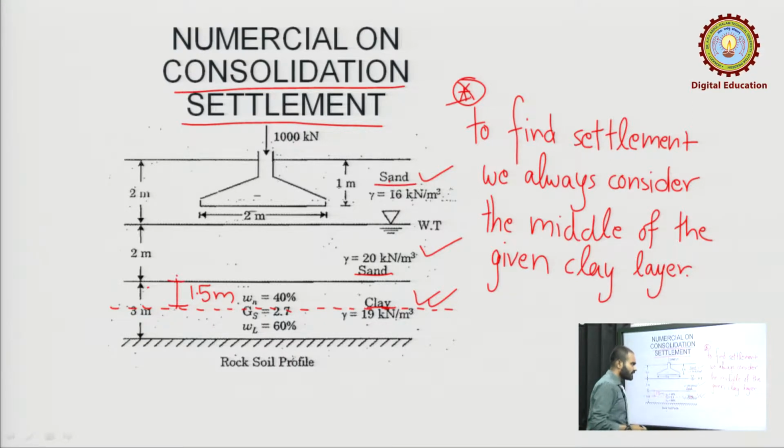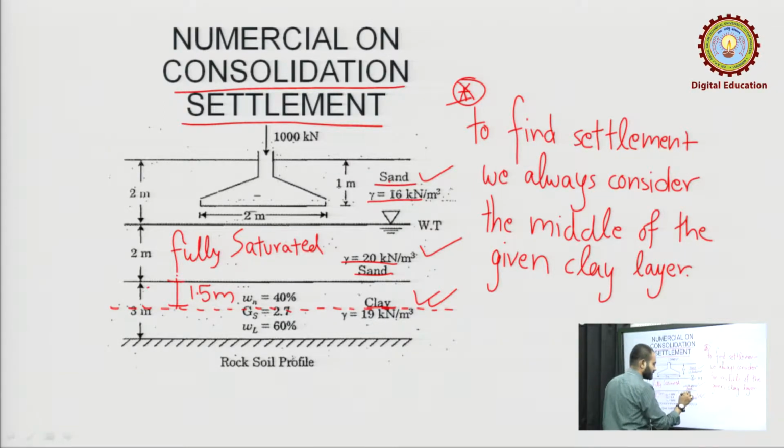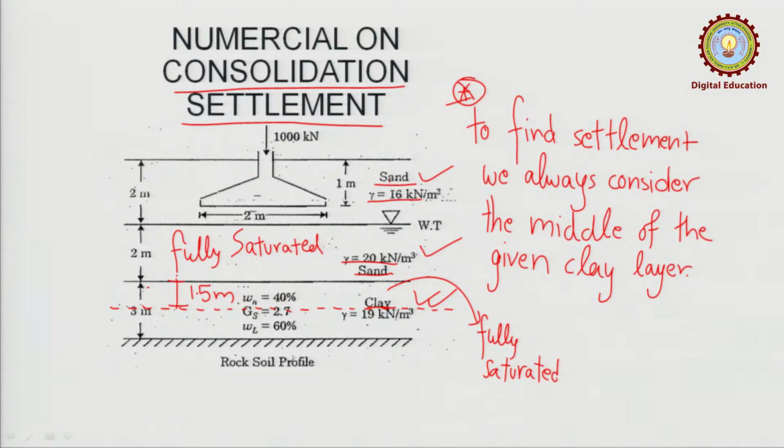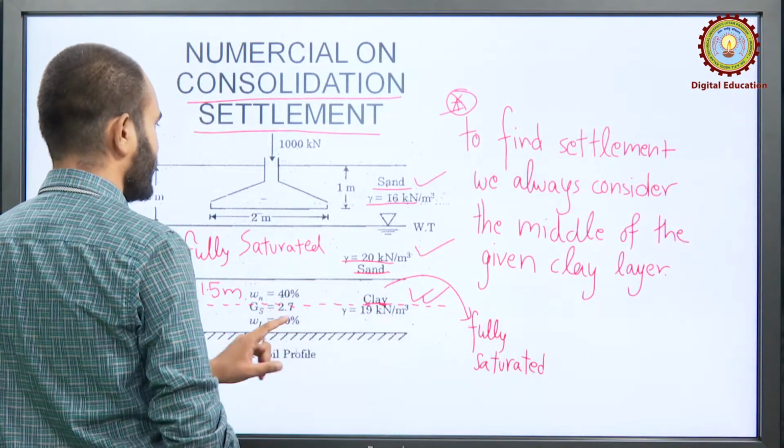Besides, you are given the gamma for sand here, and this is the water table, which means this part is saturated, or precisely fully saturated, and this part is also fully saturated. So, both the layers are fully saturated, first point.